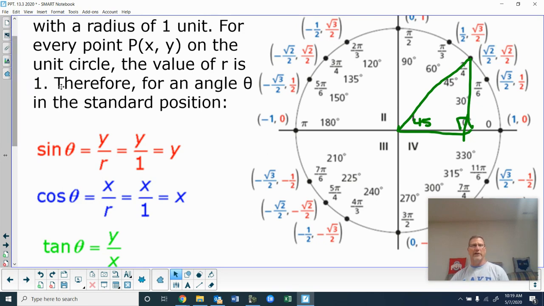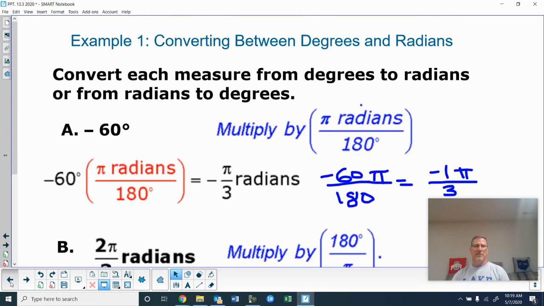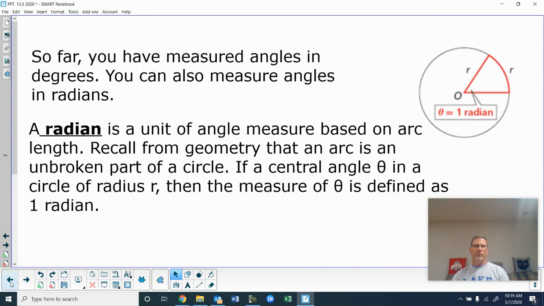It's always 1, right? Always 1 on our unit circle. So what we have to do is we got to kind of change our two sides. Okay, if we go back to that first slide here that we did, the warm up.